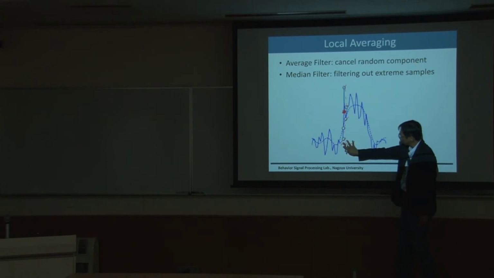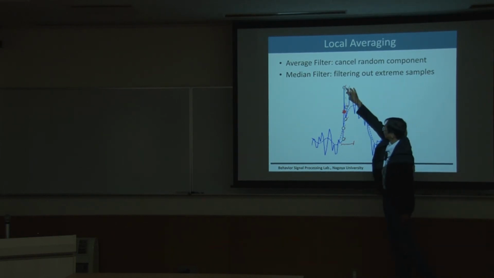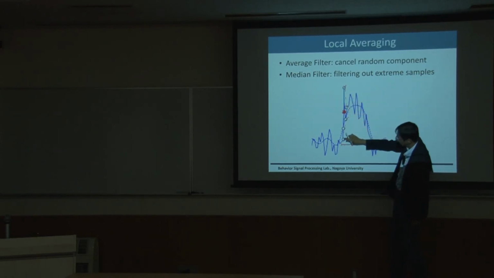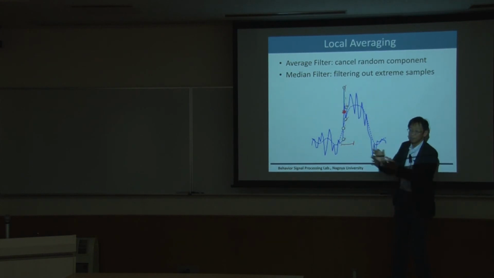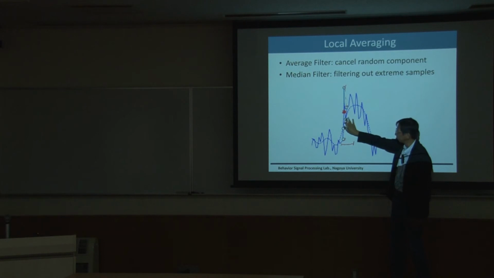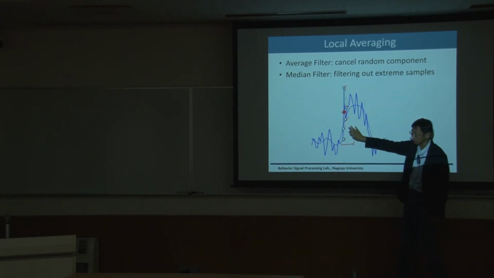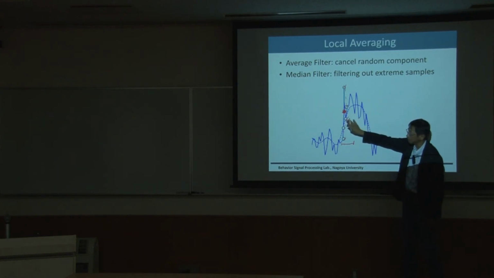You get 5 points and you apply median filtering to these 5 points. You reorder the samples by their amplitude, in this case 1, 2, 3, 4, 5. The third data is the median value of the sample, in this case this one. This is going to be the effective estimate of the average.